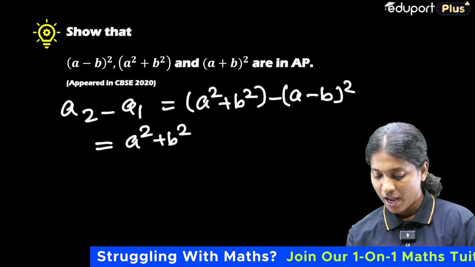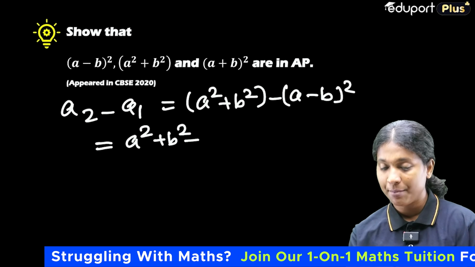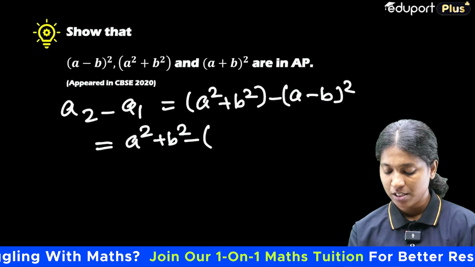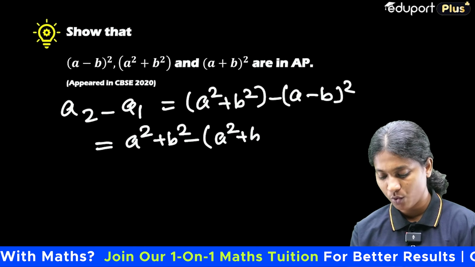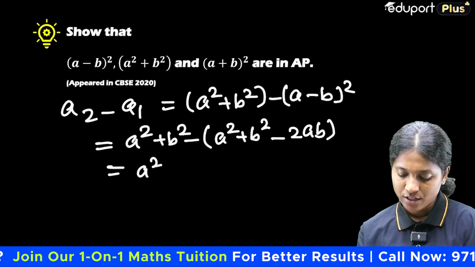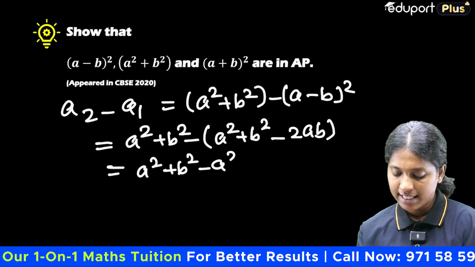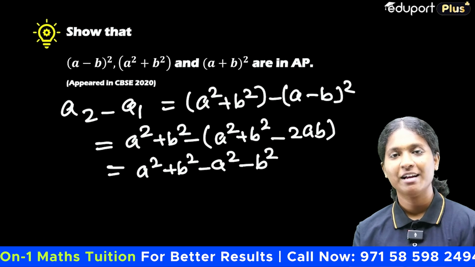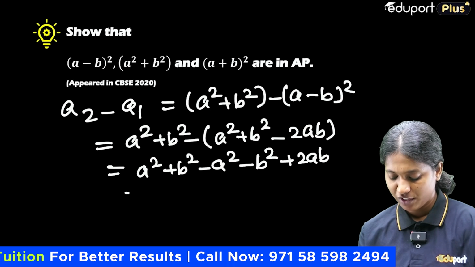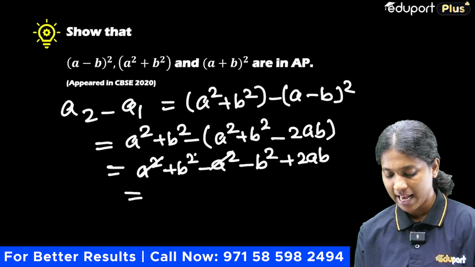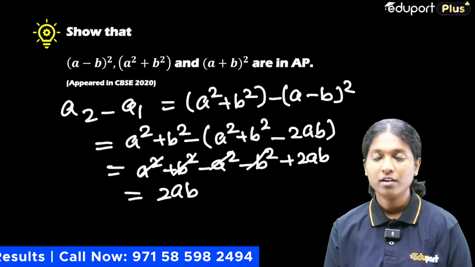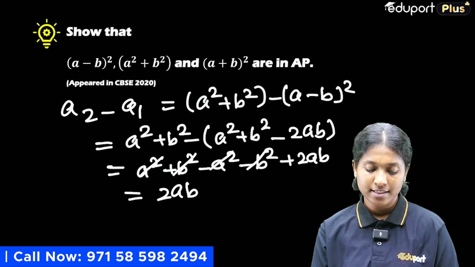Now A minus B whole square we have to expand: it is A square plus B square minus 2AB. So it will be A square plus B square minus A square minus B square plus 2AB when we are opening the bracket. A square and minus A square will be cancelled, B square and minus B square will be cancelled. What is left? 2AB. So we got second term minus first term as 2AB.